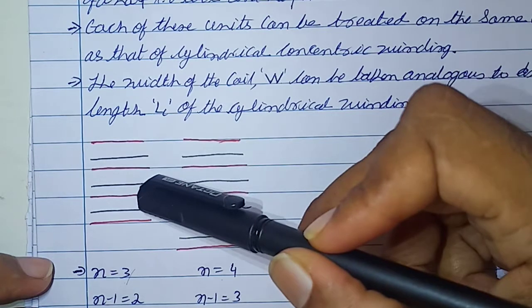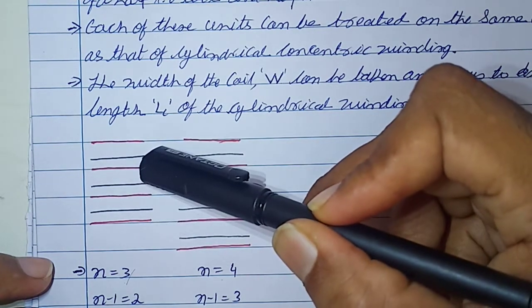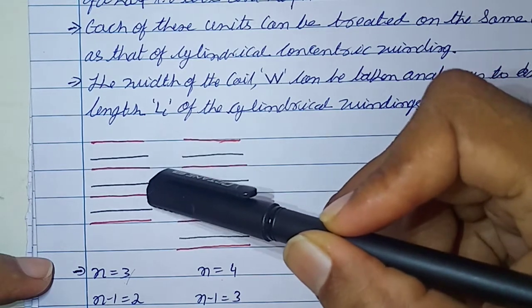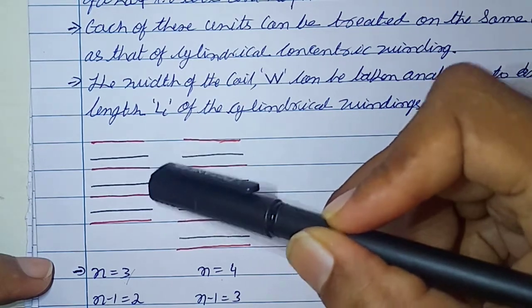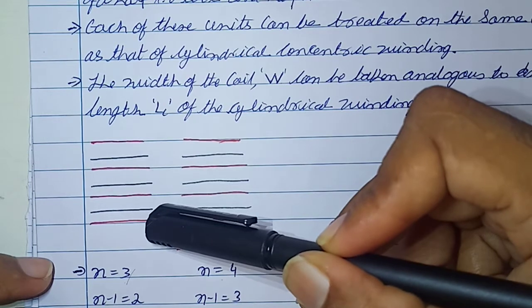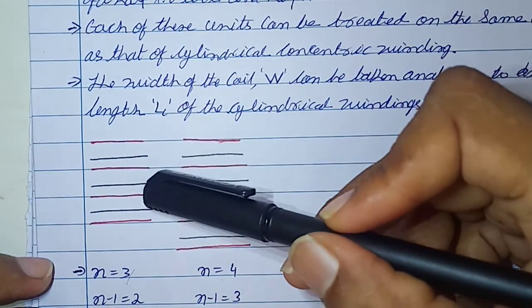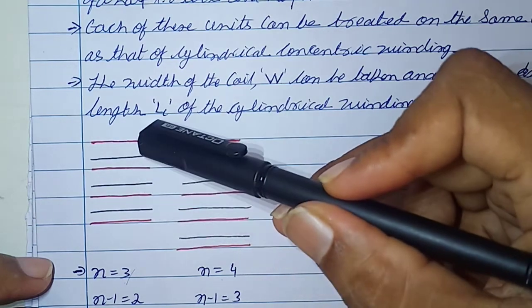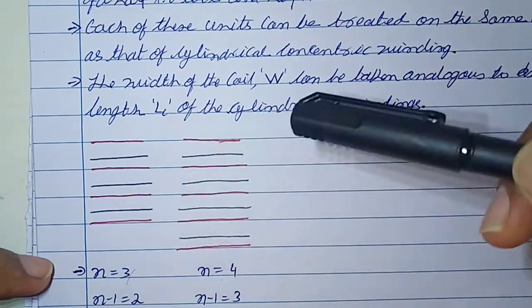This black line is HV, and these red lines which represent the LV are the 2 full LV windings, whereas this and this are the halves. So 3 HV, 2 full LV, 2 half LV.